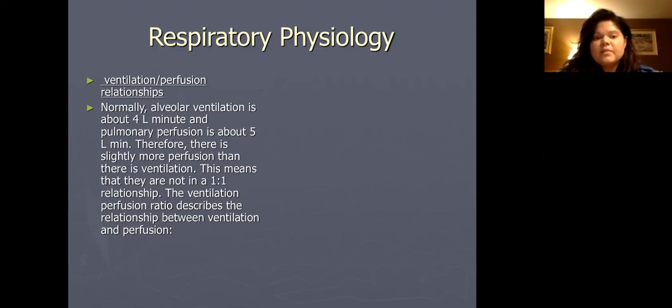Therefore, there is slightly more perfusion than there is ventilation. This means that they're not a 1-to-1 relationship. That ventilation-perfusion ratio describes the relationship between the two. So just keep that in mind.